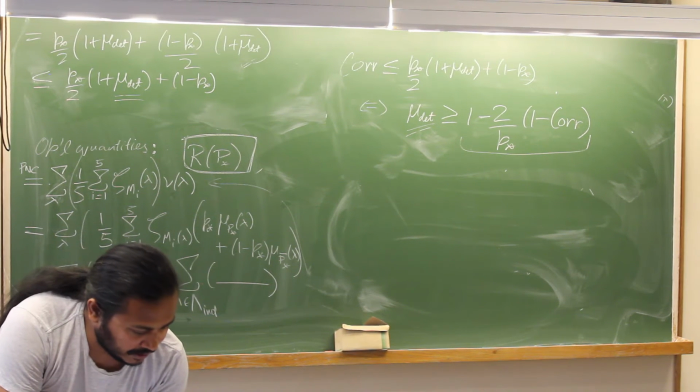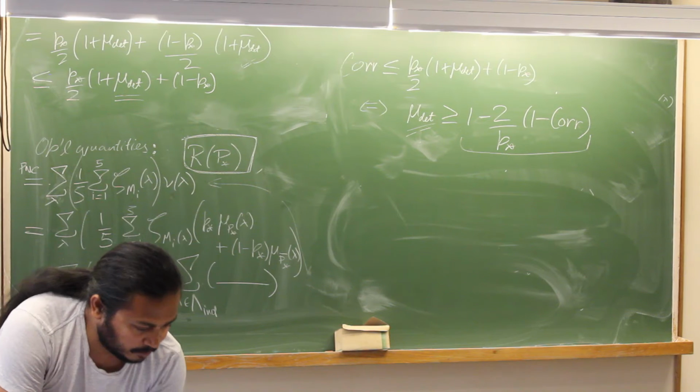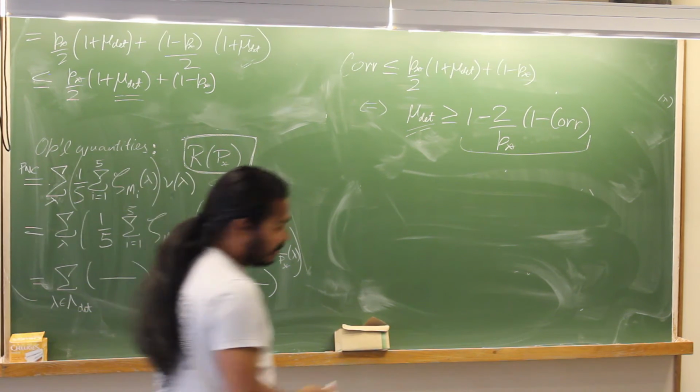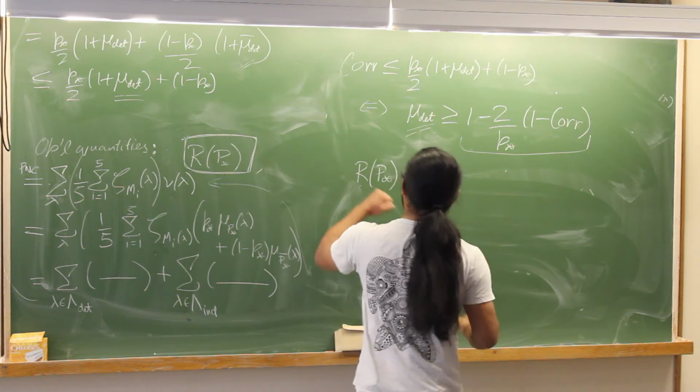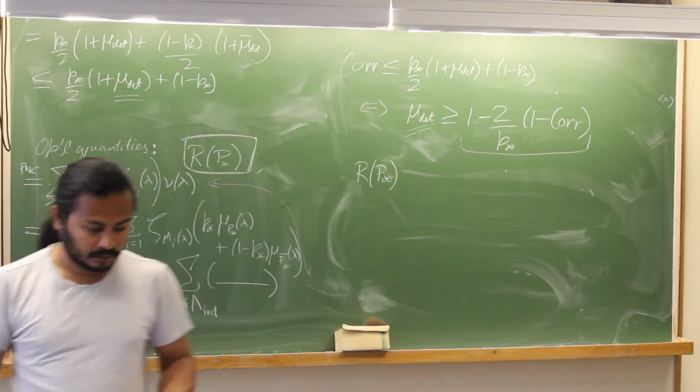And now we can go on and prove our robust inequality, because basically this R of p star, so p star is the measurement on which we will focus.